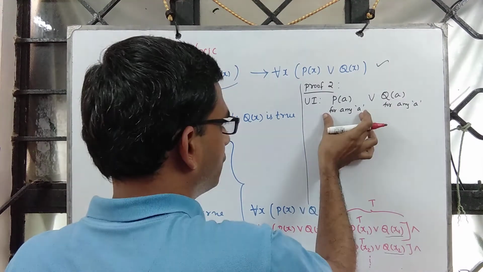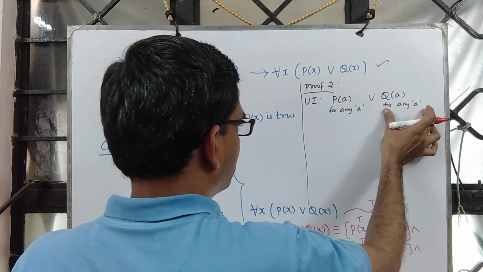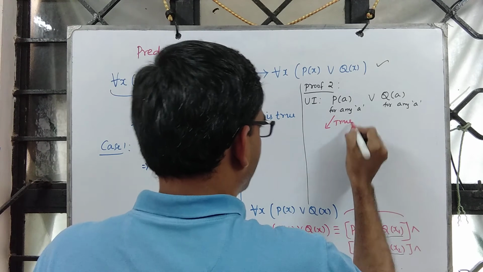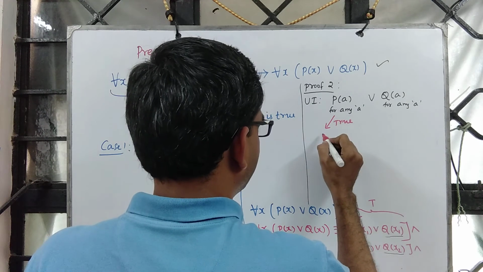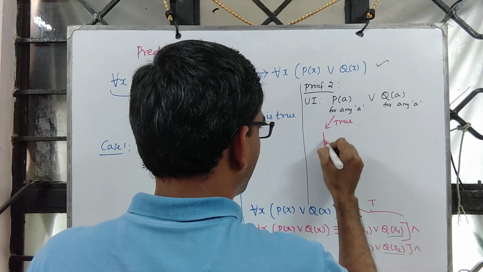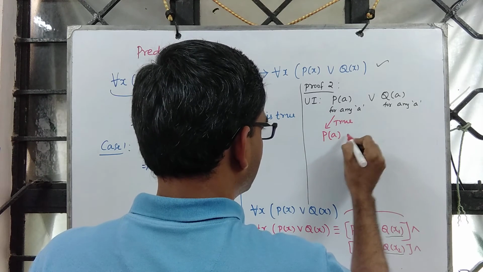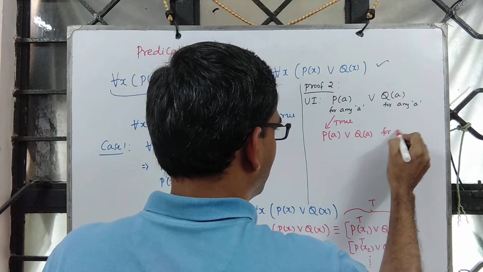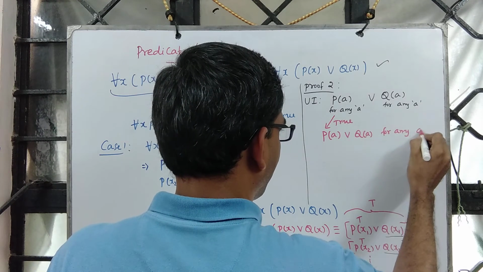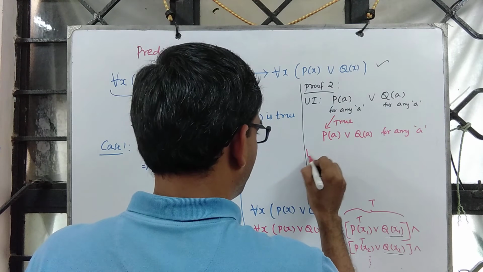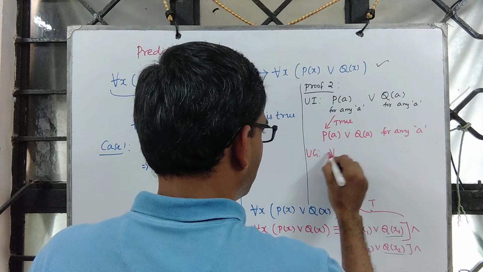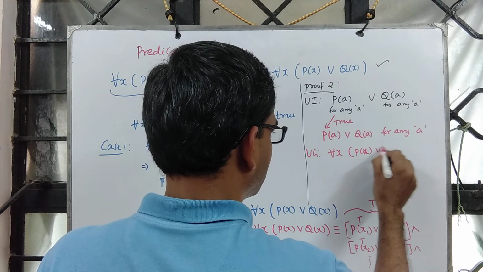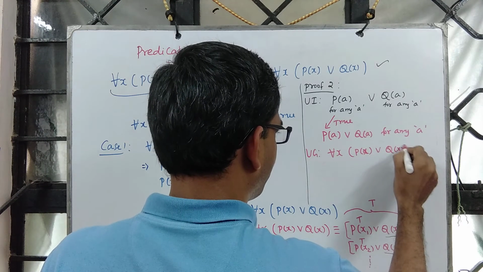Either this one is true or this one is true, and if this one is true, then perform generalization, meaning I can write this as p of a or q of a for any a. Now perform universal generalization. This becomes for all x, p of x or q of x.